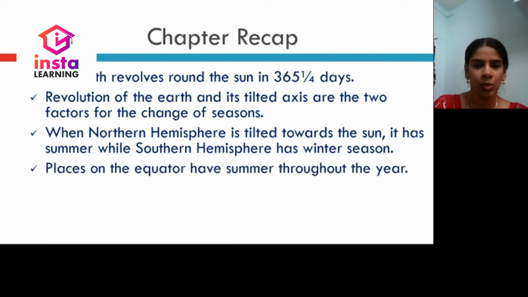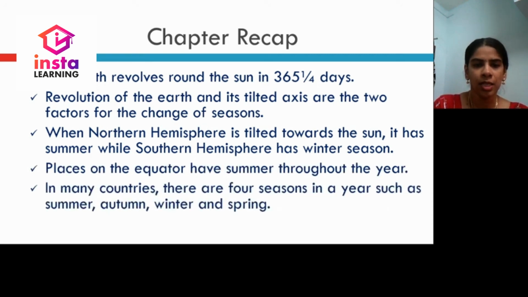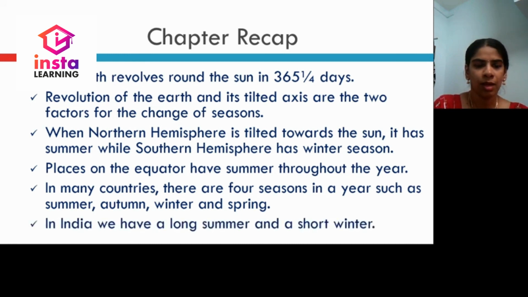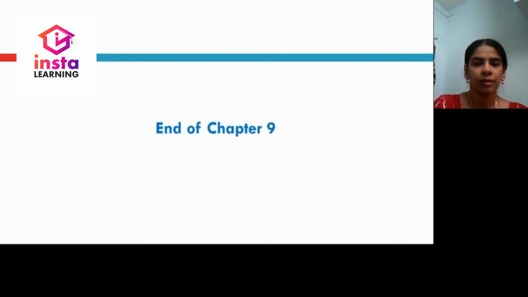Places on the equator will have summer throughout the year. In many countries, there are 4 seasons in a year, such as spring, summer, autumn and winter. In India, we have a long summer and a short winter. That ends chapter 9.